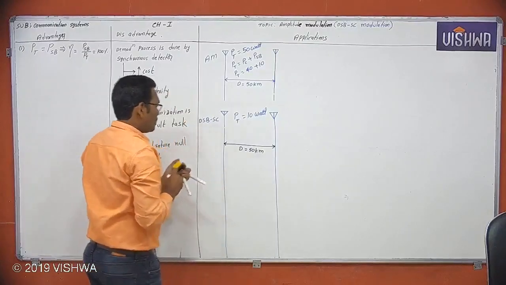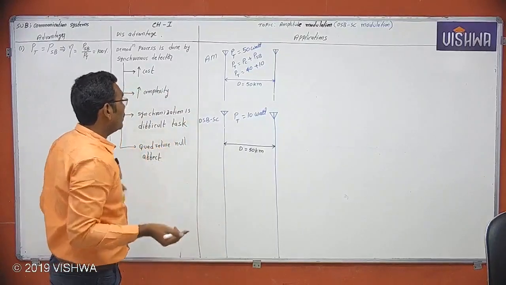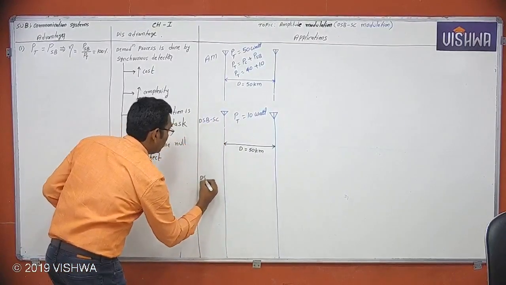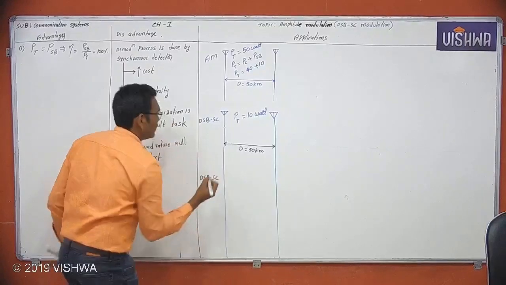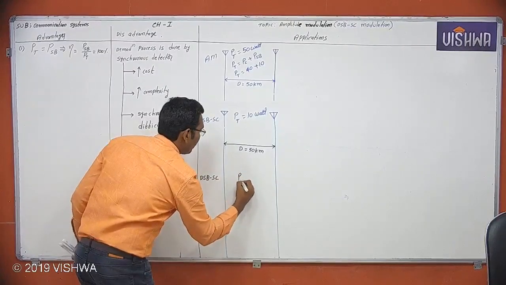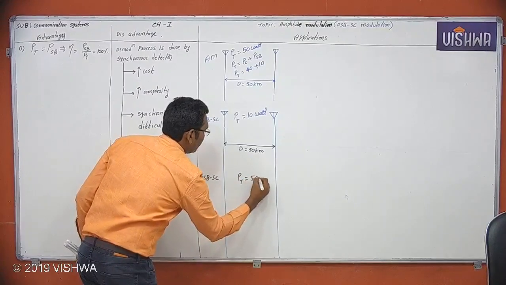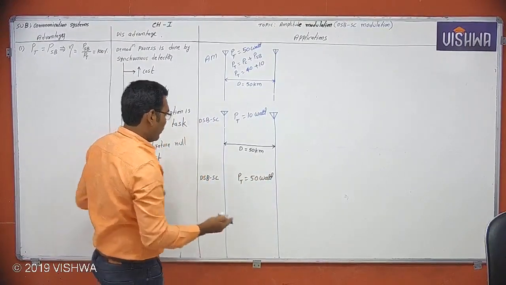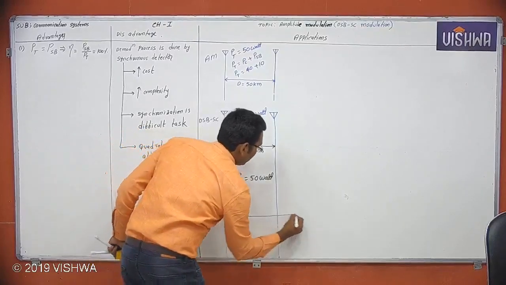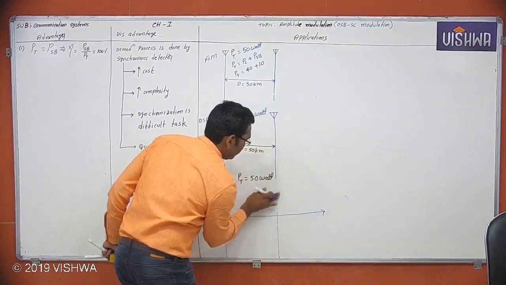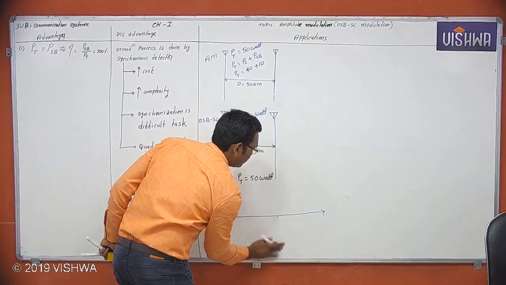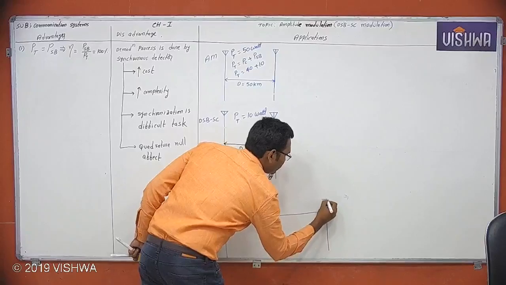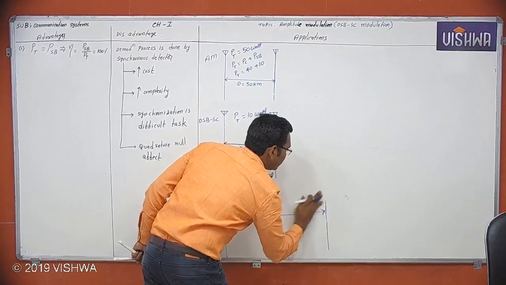Now, some of the students are asking, if I use the 50 watt power in DSBSC, what happens? Now we are using DSBSC, but you are using a power of 50 watts. What happens is the distance between the transmitter and receiver is increased. It will cover more distance. This is the receiving antenna.